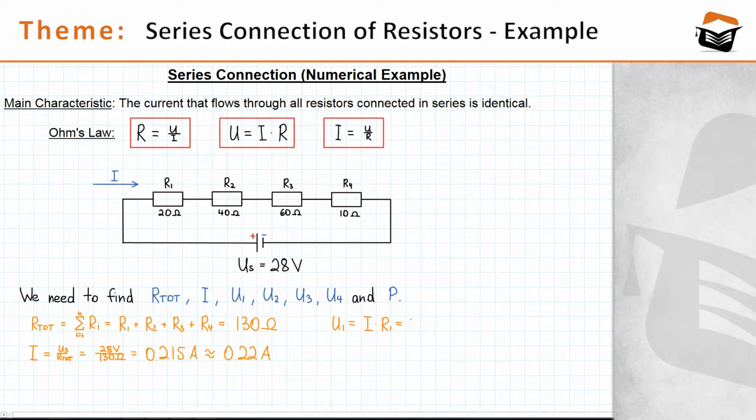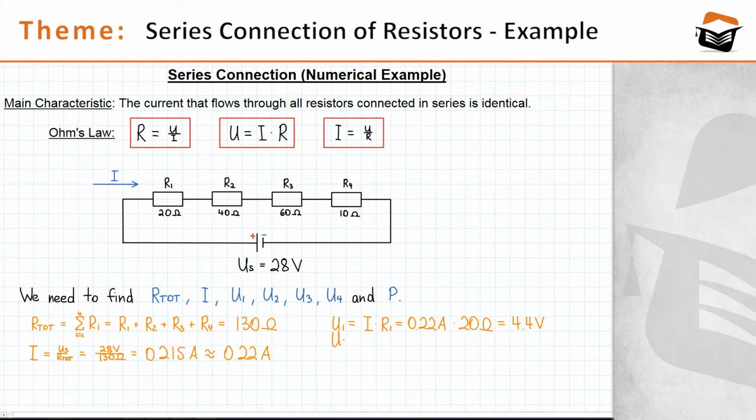That's equal to 0.22 amps times 20 ohms, and that's equal to 4.4 volts. This is the voltage drop across the resistor R1.